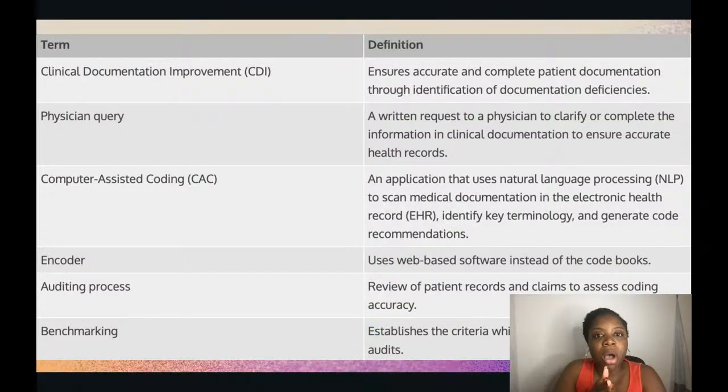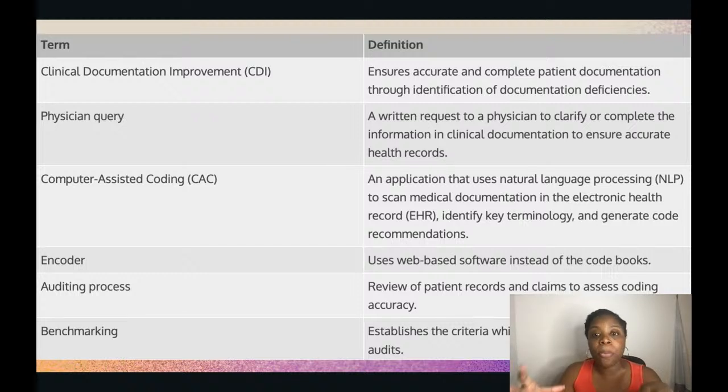And let's first off talk about what clinical documentation improvement is. This is a process that is found in hospitals and medical facilities that is there to ensure that there is accurate and complete patient documentation through identification of documentation deficiencies.